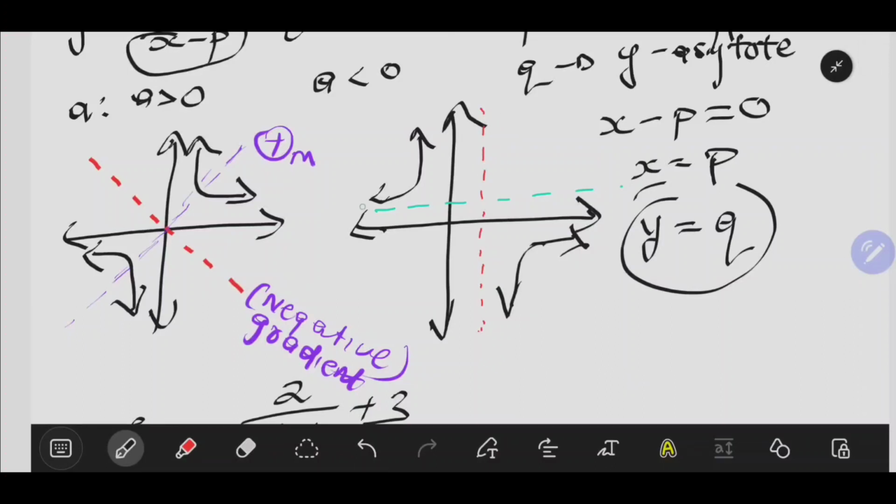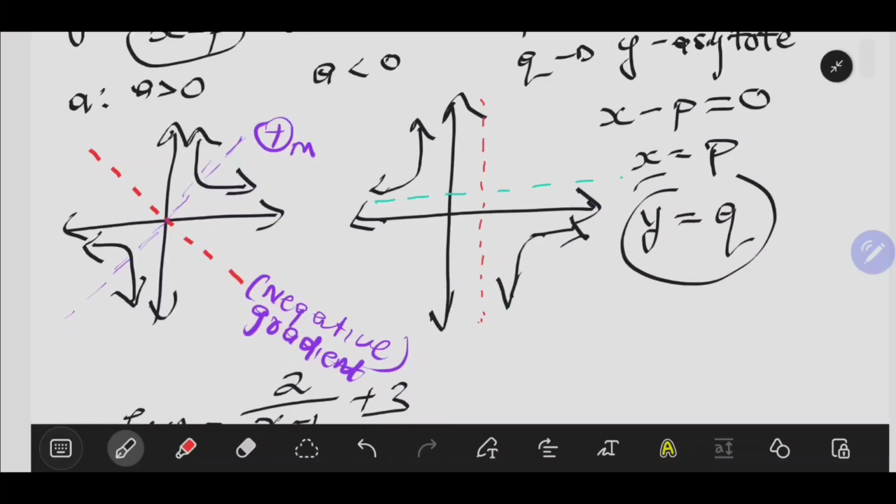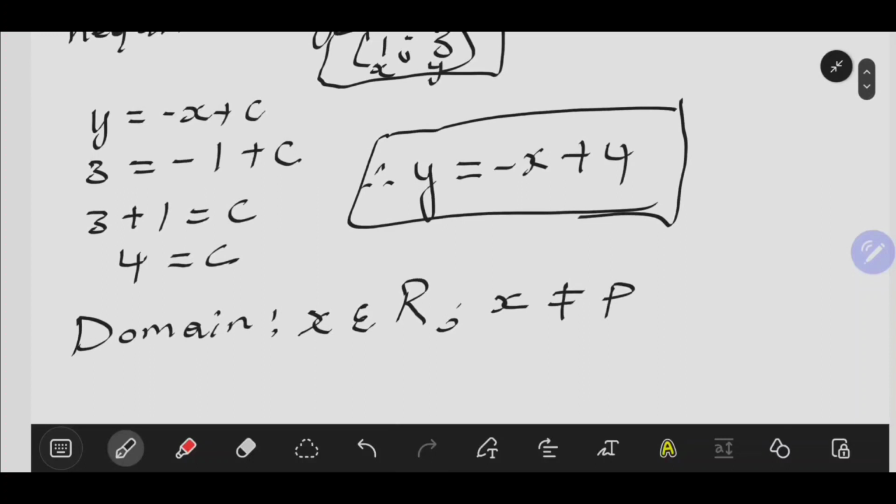So at the asymptote, our graph is undefined. But for every other x value on this graph, the graph is defined. So x is an element of the real numbers, but x must never be equal to our x asymptote.